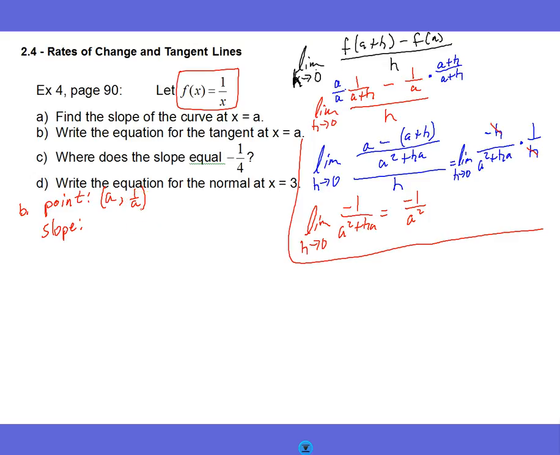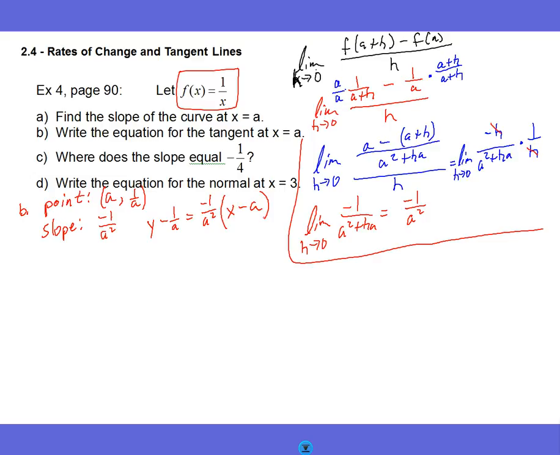And my slope, well wait, we just found that out, right? My slope is this right over here. So my slope is negative 1 over a squared. So now I just plug it in. y minus 1 over a is equal to negative 1 over a squared times x minus a.